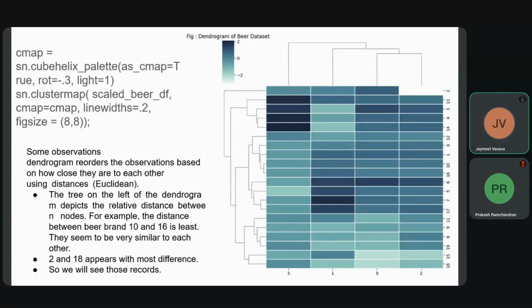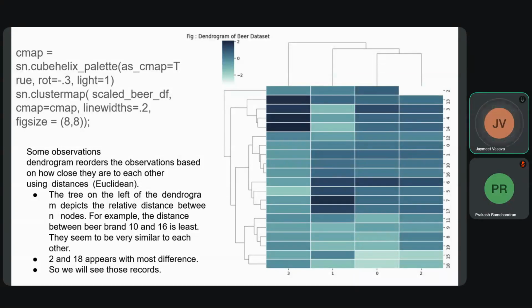As I said, observations 10 and 16 are very similar, whereas 2 and 18, which are the farthest apart from each other, have the most difference.